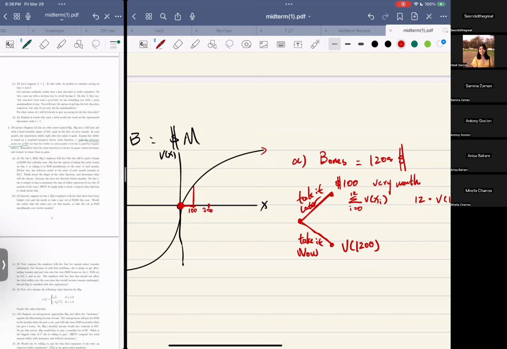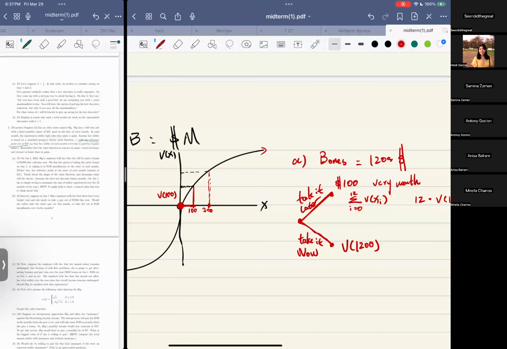Because of the property of the prospect theory function, let's say this is V of 100.